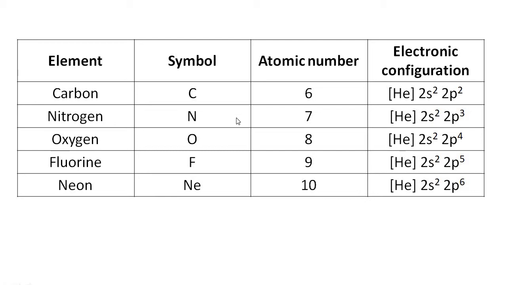In case of nitrogen, it has 7 electrons. So 2 electrons in helium, next 2s2, next in 2p, the third electron enters the 2pz subshell. So here, in this electronic configuration, the 2p orbital is half filled with 1 electron each.